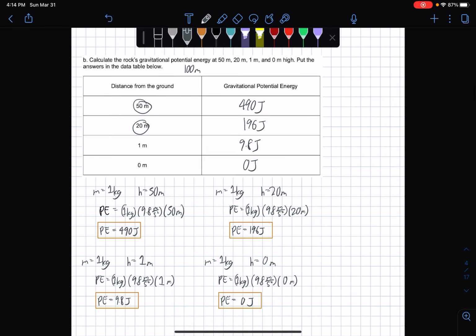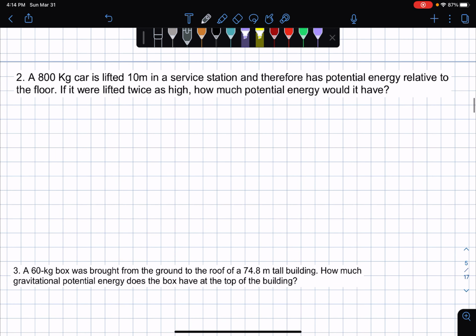Okay, let's go to number 2. An 800 kilogram car is lifted 10 meters in a service station and therefore has potential energy relative to the floor. If it were lifted twice as high, how much PE would it have? So PE is missing.